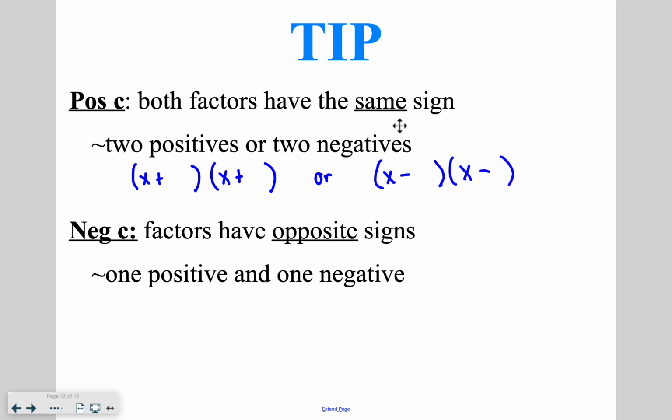So if that last number is a positive, it's either going to be 2 pluses or 2 minuses. If it is a negative factor for c, so that last term in your trinomial is negative, you're going to have one that needs to be addition and one that needs to be subtraction. Could be subtracting first and adding second, but it has to be one of each.